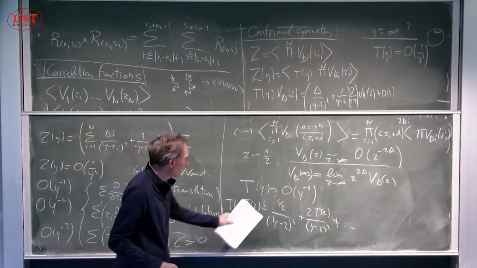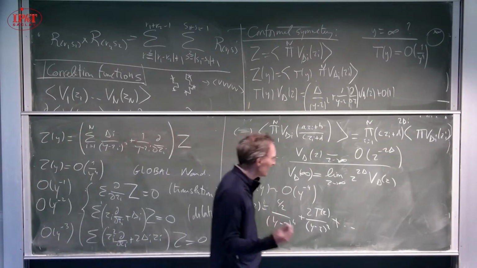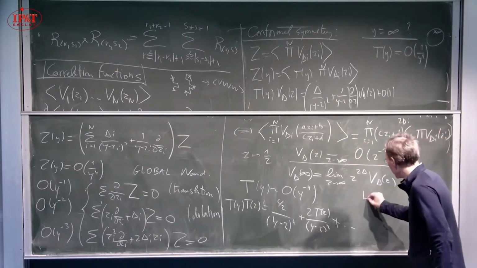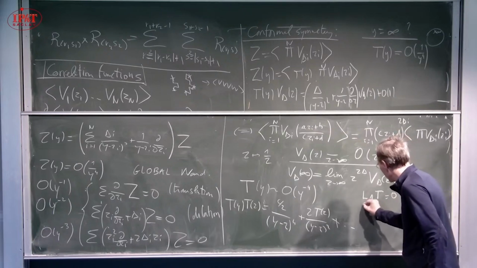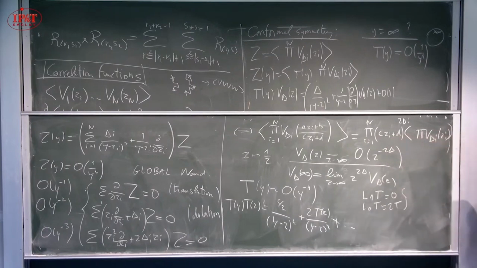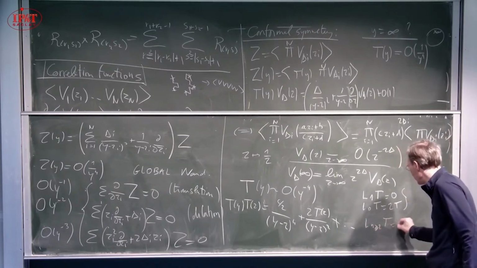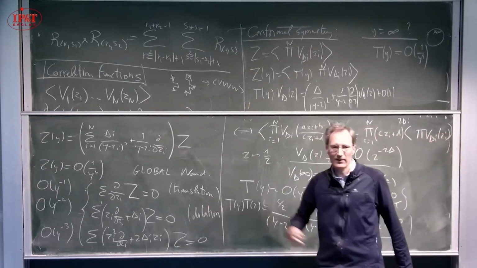But I have this term. The point is that T is still a quasi-primary, so a primary field, but only for the global symmetry, meaning that it is killed by L1. And of course, it is an eigenvector of L0. So that's the definition of a quasi-primary field of dimension 2. And to have a true Virasoro primary field, you also need it to be killed by Ln, starting with L2.